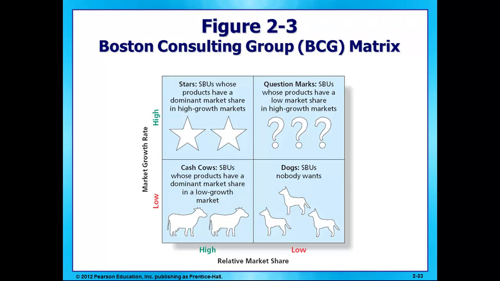And I'm going to start with the lower left-hand quadrant. What you see here is that a company's SBU that has a very high market share in an industry where market growth rates are low, these products for the company are called cash cows. An example of this might be Levi's jeans.